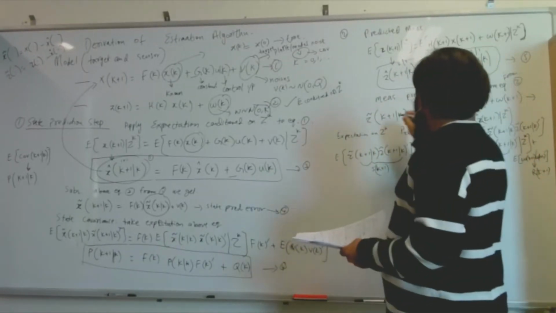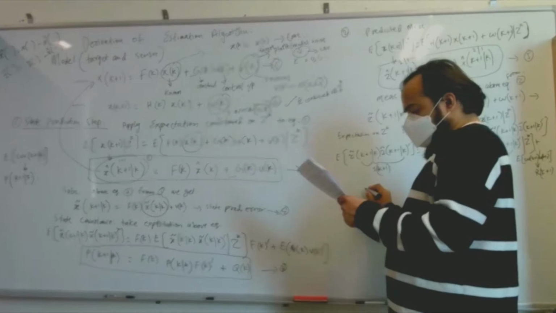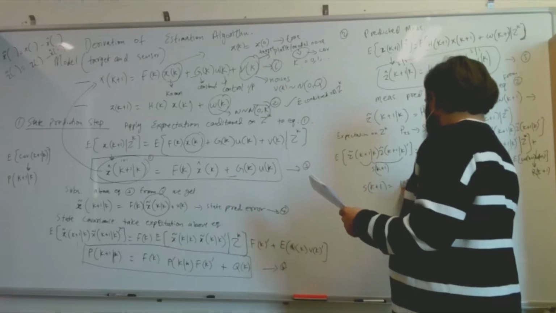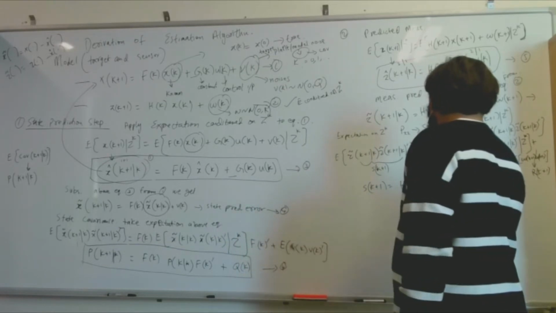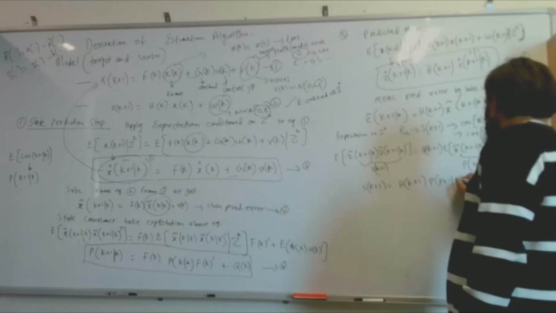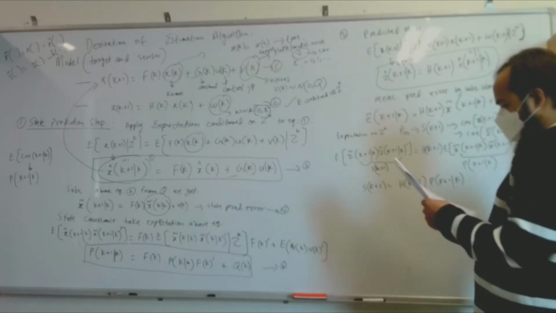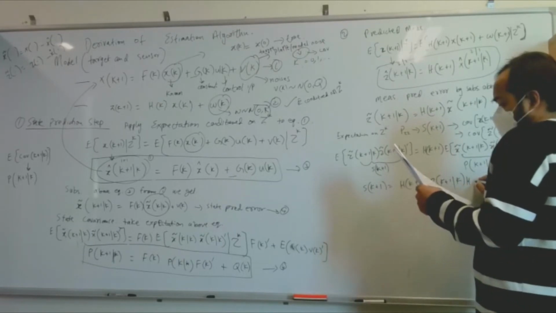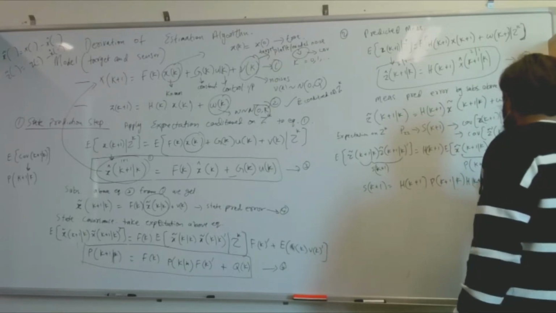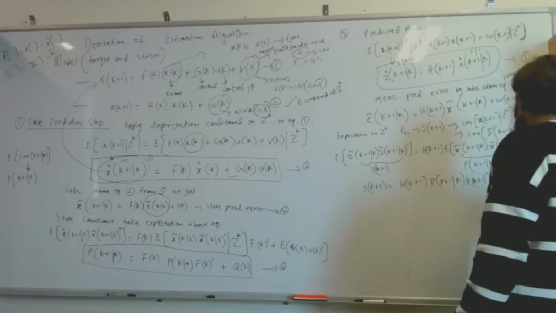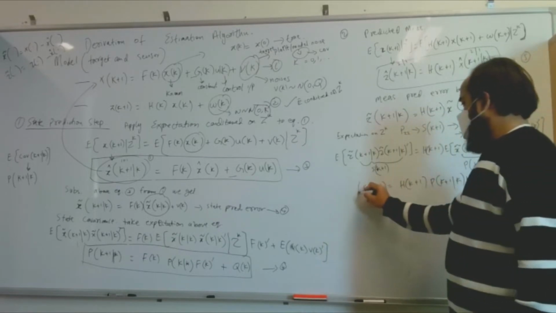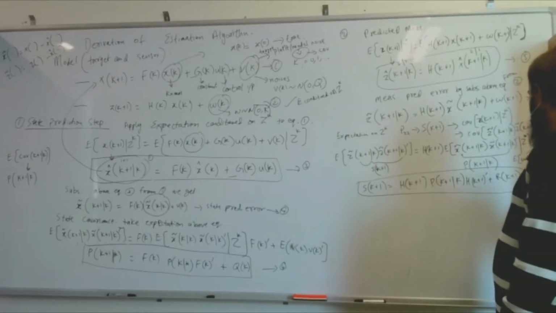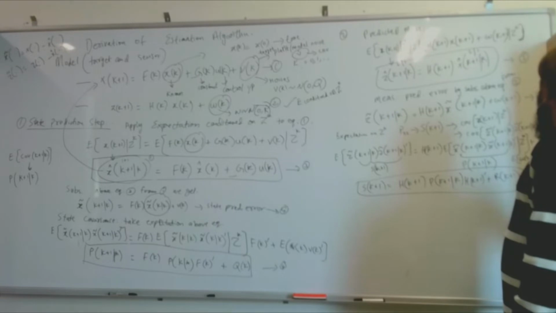So your covariance of the measurement prediction is S of k plus 1, equal to h of k plus 1 times P of k plus 1 times h transpose of k plus 1, plus R. This is equation 6.